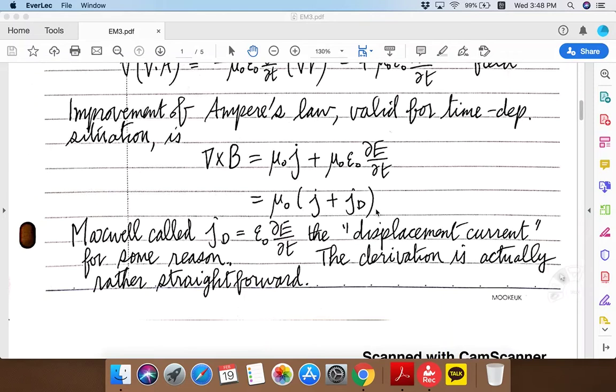Actually, it's quite simple, as we have just shown. So this is the full description of the behavior of the curl of the magnetic field, and this equation remains true down to the relativistic regime and survives the special theory of relativity and so on.